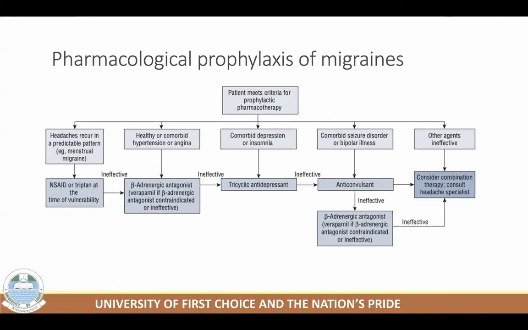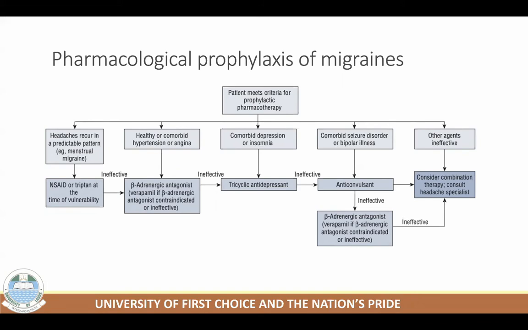In prophylaxis, you should consider prophylaxis in the setting of recurring migraines that produce significant debilitation. For example, patients who have migraines and cannot go to work for long periods of time, or they have migraines and depression alongside, or they have frequent attacks requiring medicine more than twice per week, right?